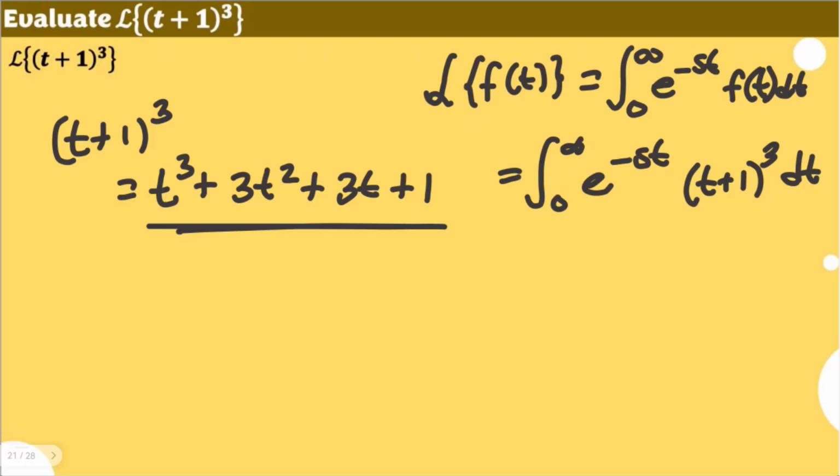And we know that there are rules already for 1, for t, t squared, and t cubed, and therefore this is actually just an easier problem.